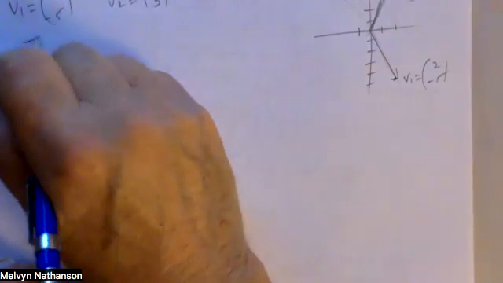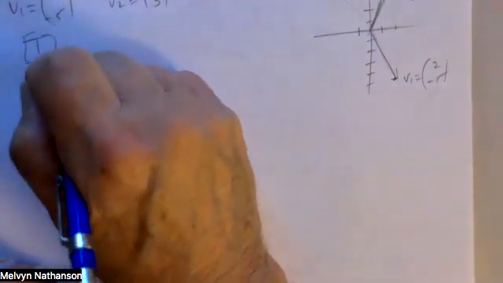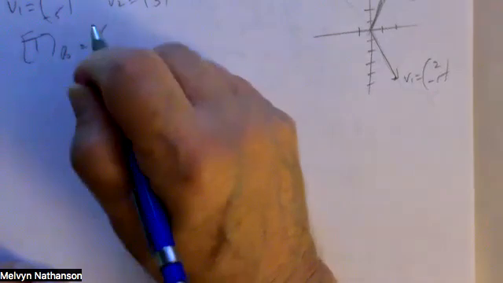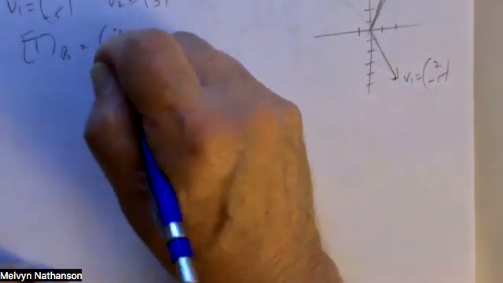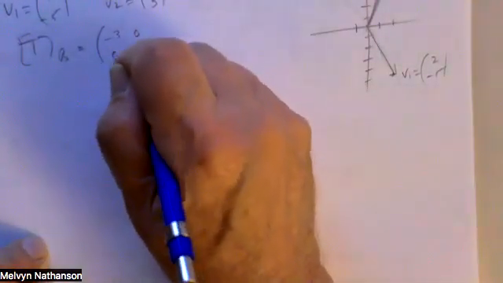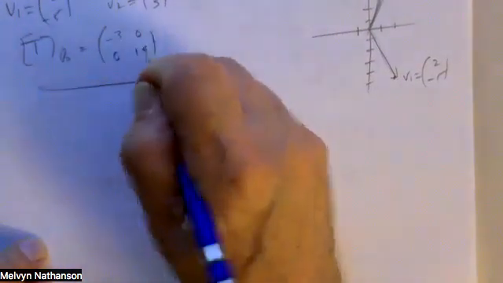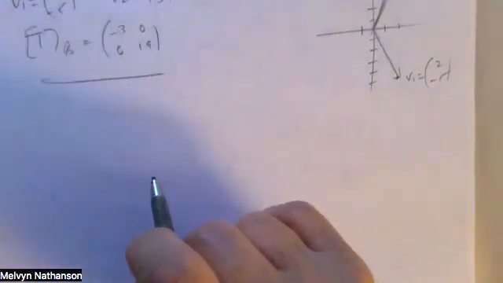The matrix for T with respect to this basis is diagonal, with entries minus 3 and 19. A diagonal basis is very easy to calculate with.